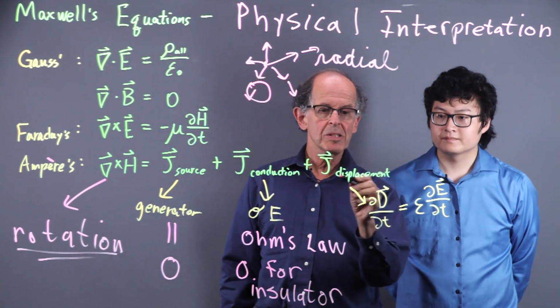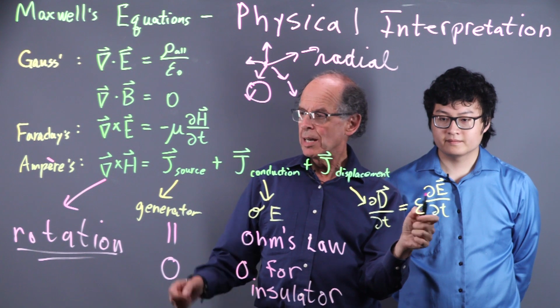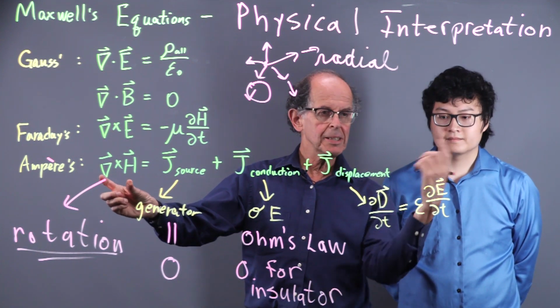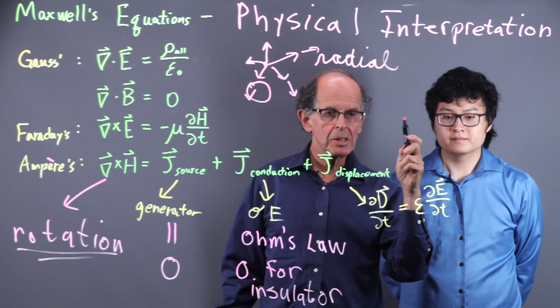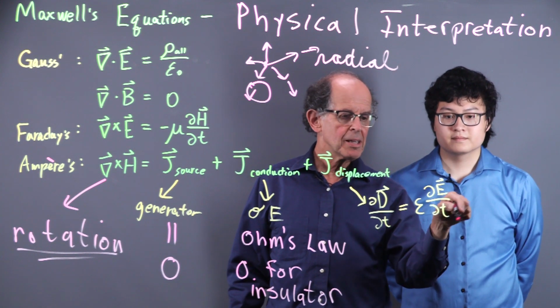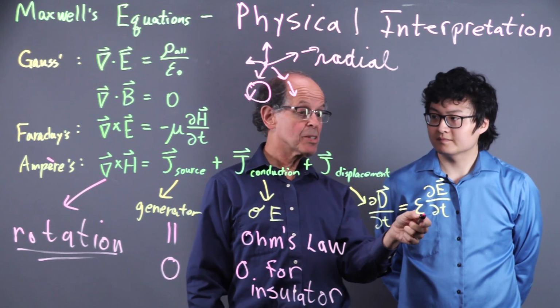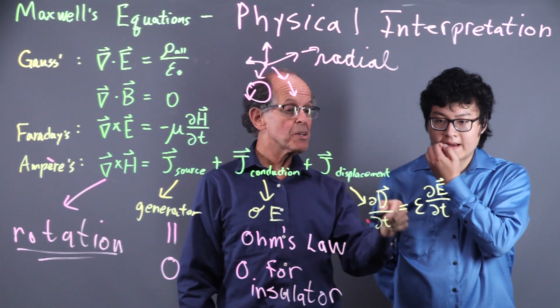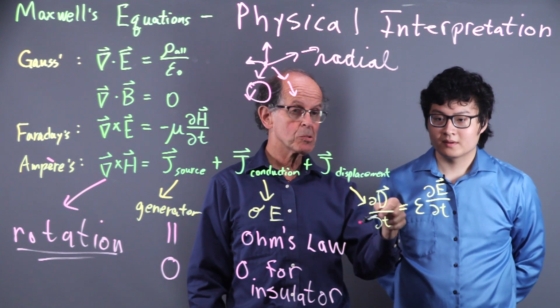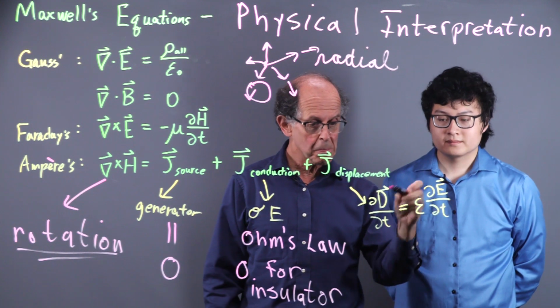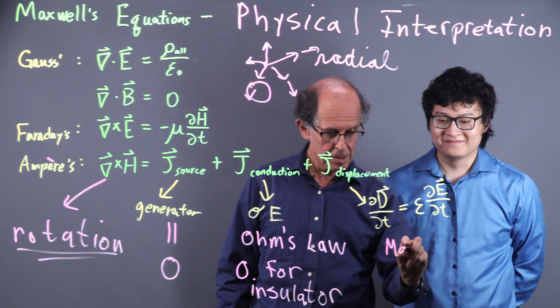And this one is the displacement current. It's a source of circulating magnetic lines due to a time-changing E field. And that's really amazing because there's no sort of physical basis for this. This was all intuition. This was Maxwell's genius.